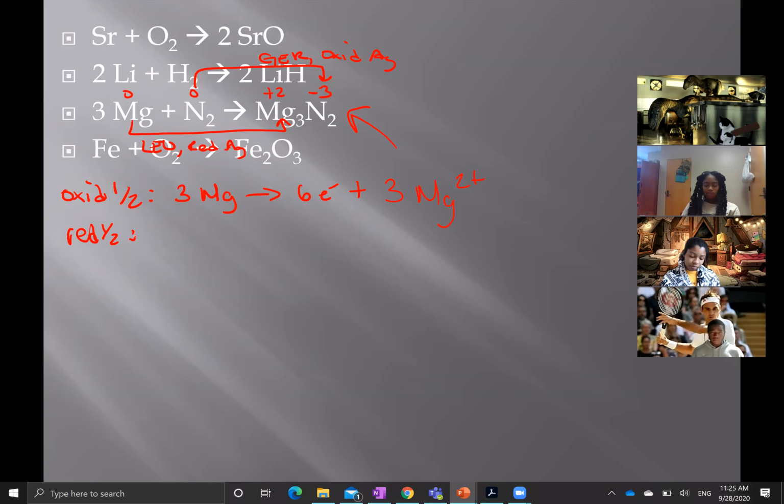Let's try the reduction half. Someone else want to try? Can I retry? Sure. On that part, you put 6e minus plus 2N minus 3.